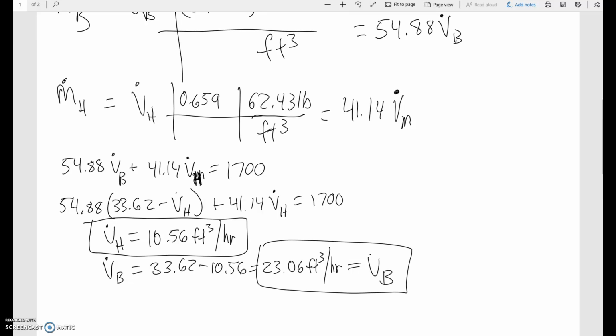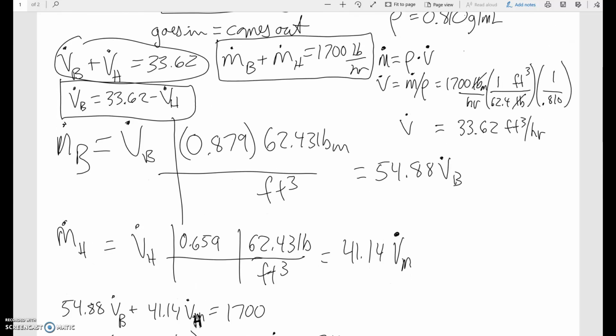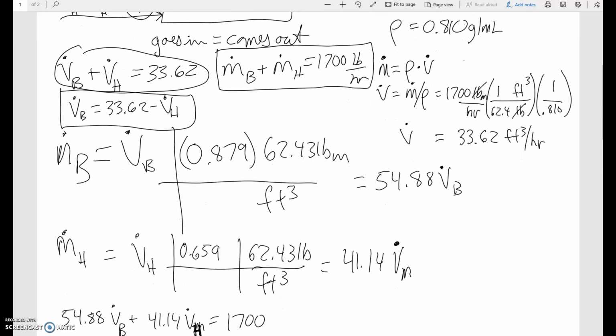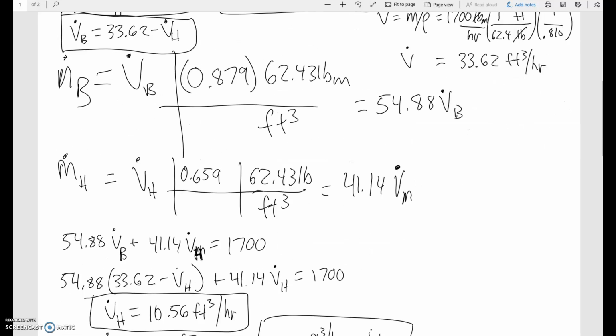Okay, now I need to go back up and calculate what my mass flow rates are. Well, if I go back up here, I have a formula for my mass. My mass flow rate of benzene is 54.88 times the volumetric flow rate of benzene.